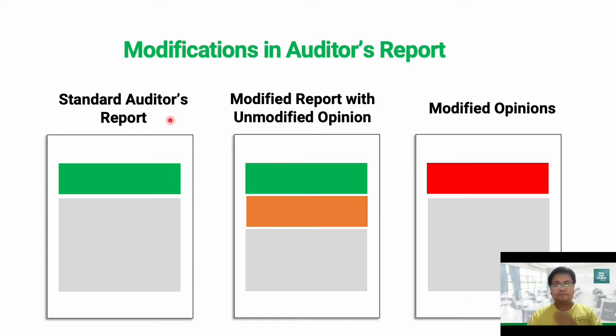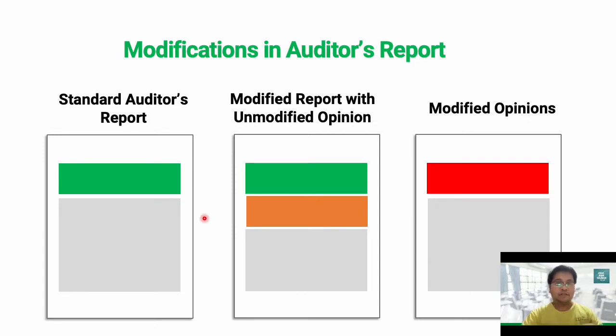In the past, when the auditor was not yet reporting on key audit matter paragraph, the structure of the standard auditor's report would be very similar for all clients, where the auditor issues an independent auditor's report containing unmodified or unqualified opinion without explanatory paragraph.